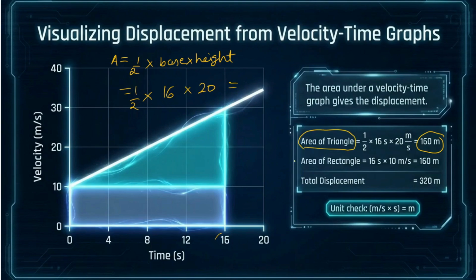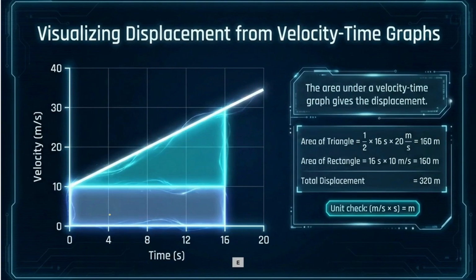Now, for the rectangular area, we know the area of a rectangle means length into breadth. Length means 0 to 16, which is 16, into breadth, 0 to 10, which is 10, and which also gives 160.